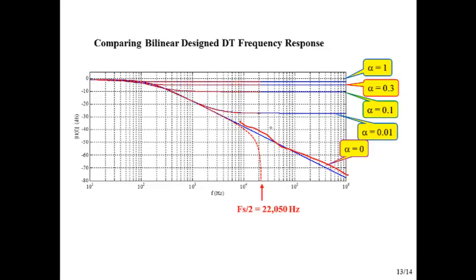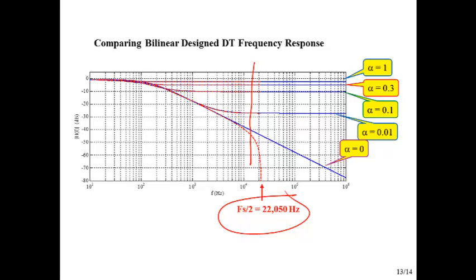Now the point is that here's fs over 2, that's as high as our discrete time approximation covers, and so really in this region we're not getting an awful lot of discrepancy, and it's above what we would typically be able to hear anyway. So in the significant region of 15K and below, it's pretty accurately simulating this.